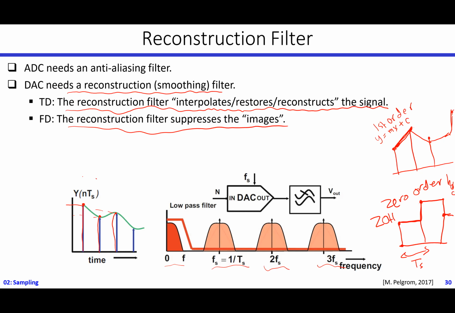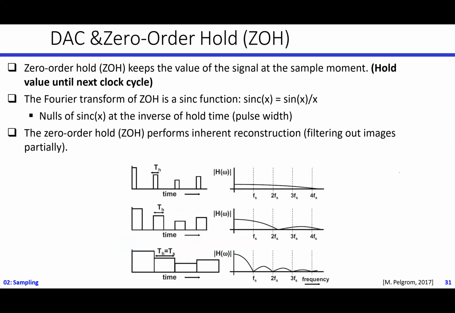Now, going from the impulses to those pulses, in terms of math, what's happening? Do you know? We are convolving our original signal with a train of pulses here, not impulses.